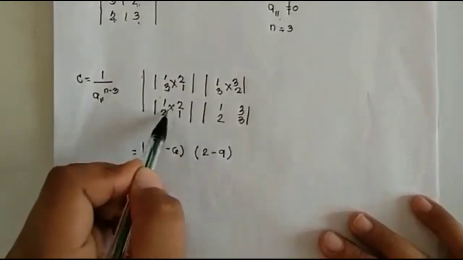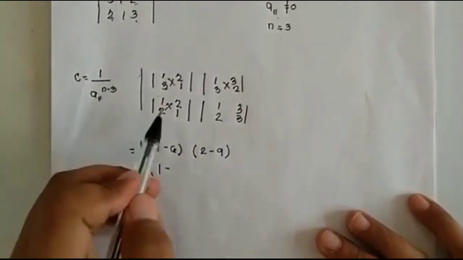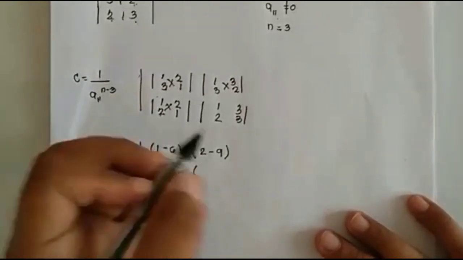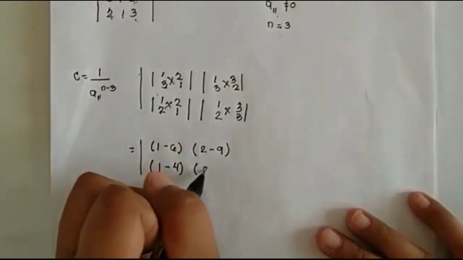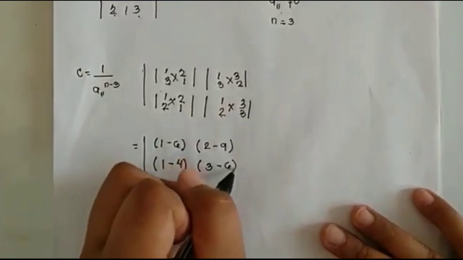Next, third group, 1 multiplied by 1 is equal to 1. 2 multiplied by 2 is equal to 4. Last group, 1 multiplied by 3. 2 multiplied by 3 is equal to 6.